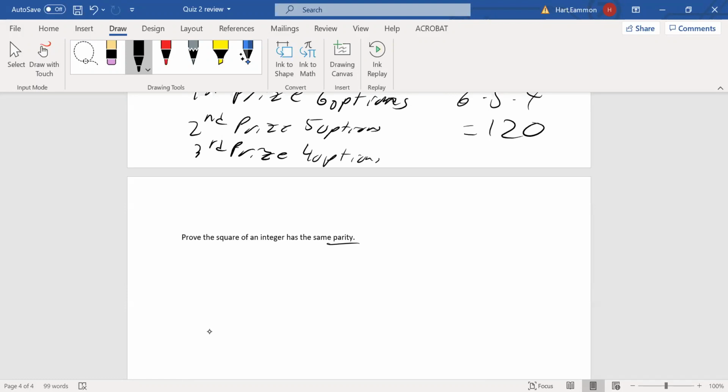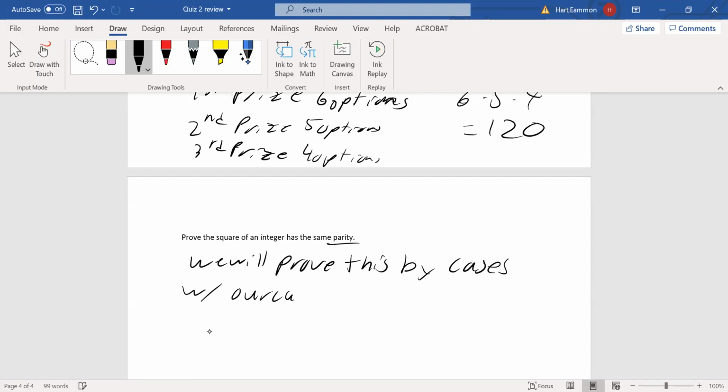Exactly. So we will prove this with our cases being n is even and n is odd.